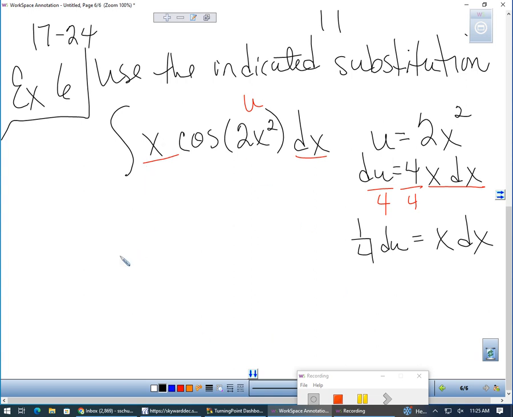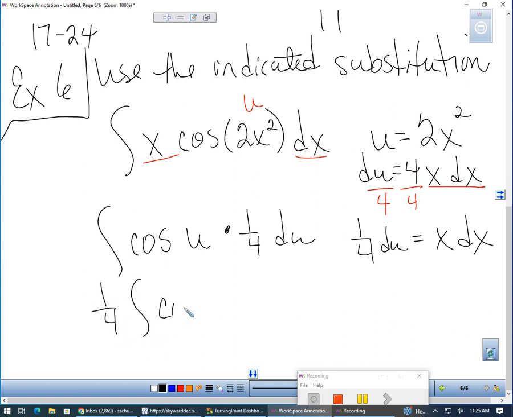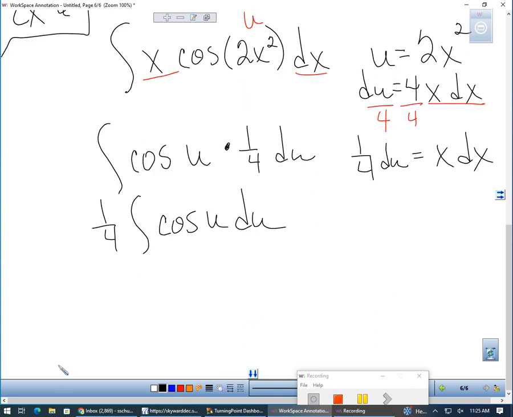So then my integral over here, what can I do with that 1/4? Do you want me to write it in steps first? Yeah. So I technically have the cosine of u times x dx, which is 1/4 du. I'm going to write it that way so we see it until we get used to it, right? So now where can we move that 1/4 to? Outside. 1/4 the integral of cosine u du. Antiderivative of cosine is?